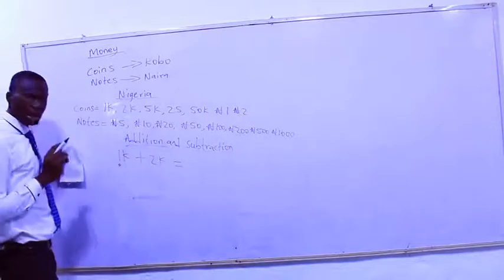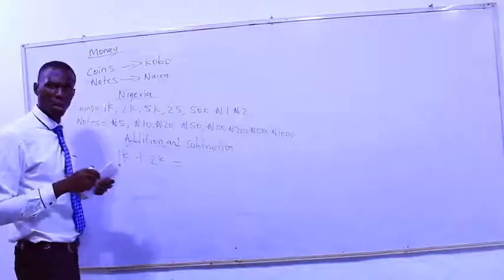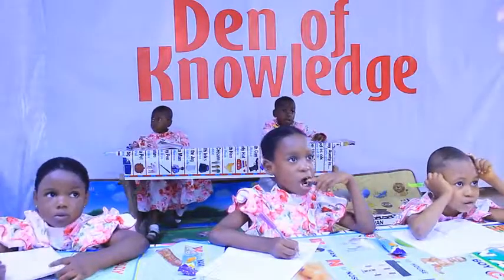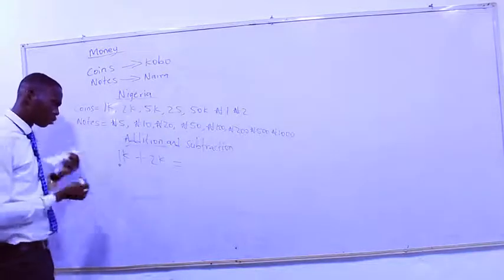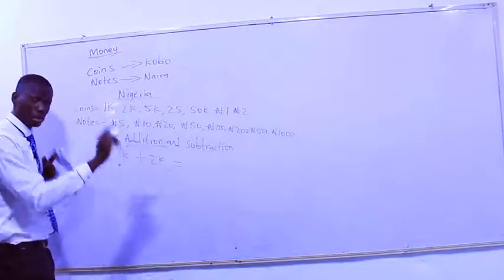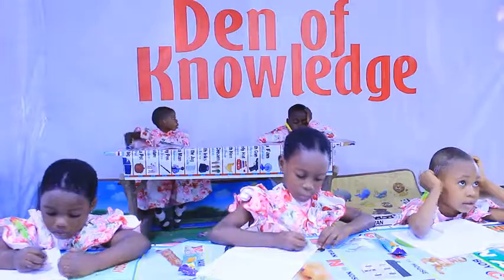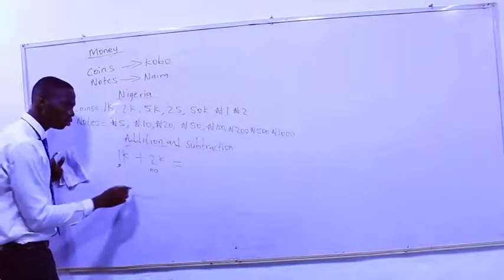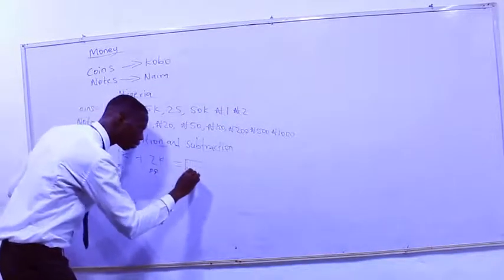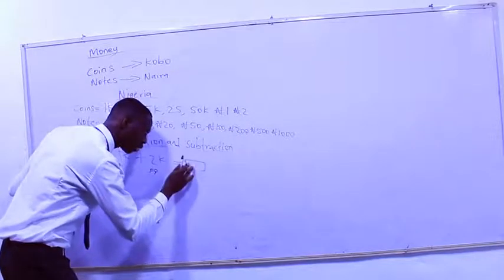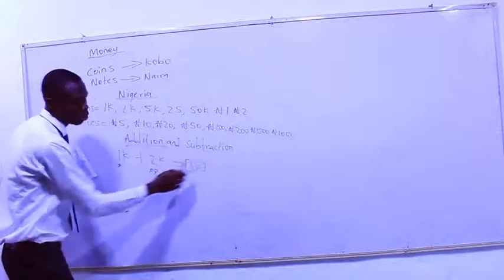Remember addition in our previous topic, we say that addition is joining two or more numbers together. The same way you just join this, 1 kobo means 1, 2 means 2. You count them together, 1, 2, 3, giving us 3 kobo. It's written like this, 3 before the kobo.